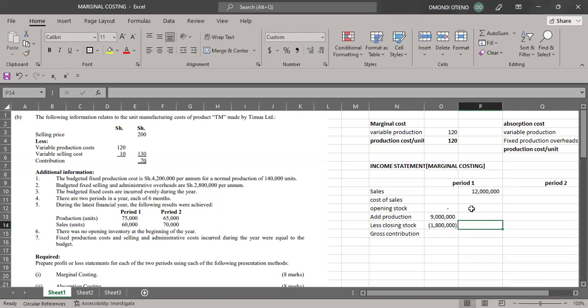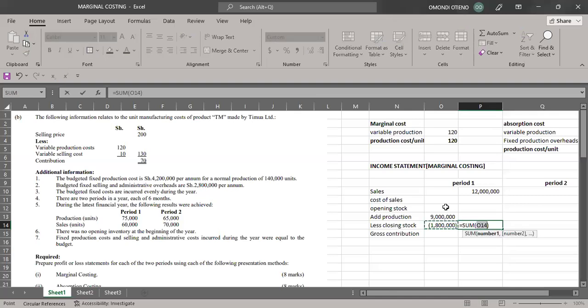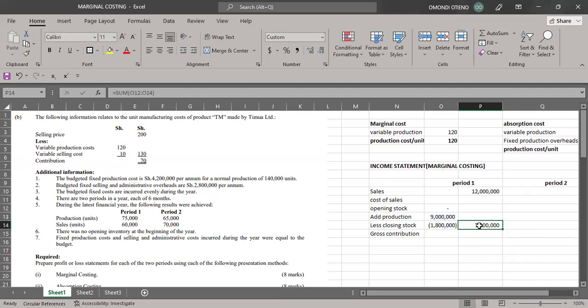First of all, let's start with the cost of sales. What are you getting as the cost of sales? So our cost of sales will be equivalent to what we have here. Our cost of sales is equal to 7,200,000.